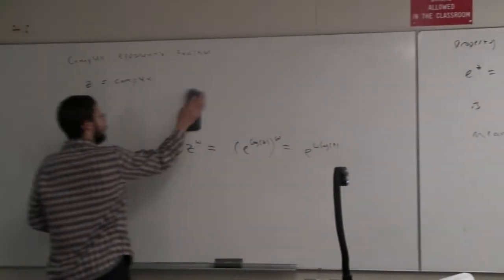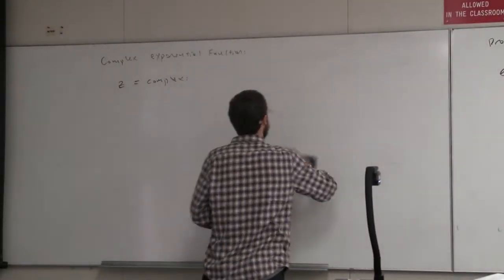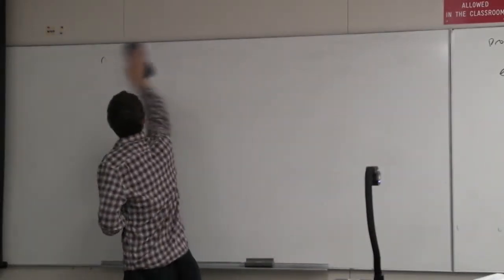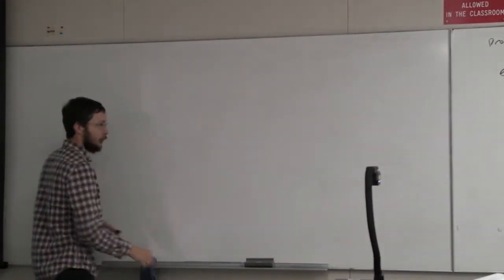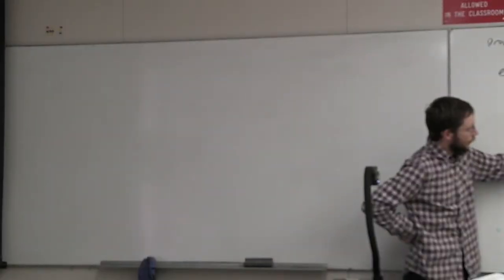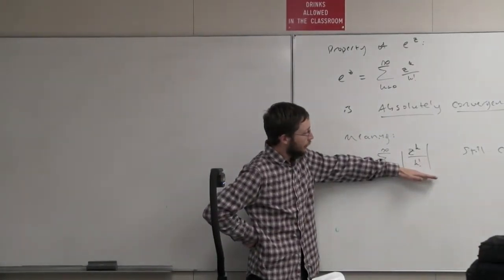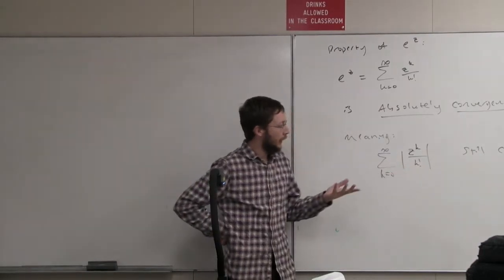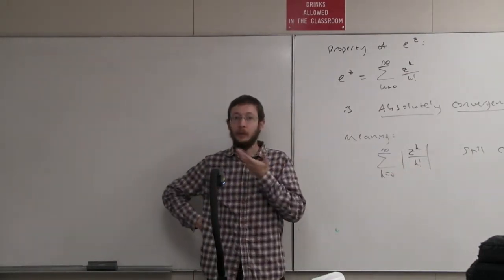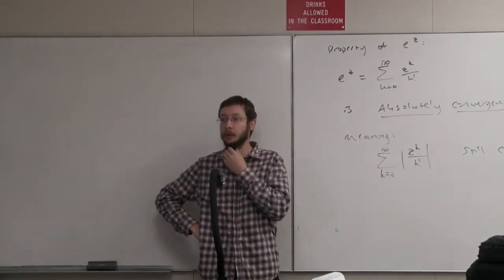We've got this series in which the terms drop to zero so quickly that you can add them up. You can add up even the sizes, and you still get a finite sum. And as a result, what this tells us is that we can rearrange these terms any way that we want to.